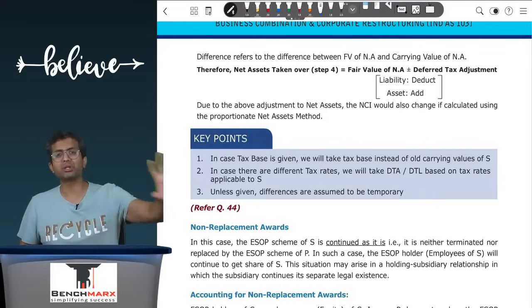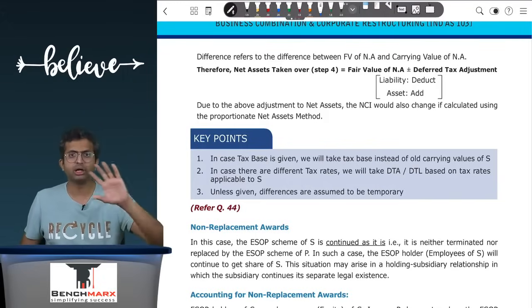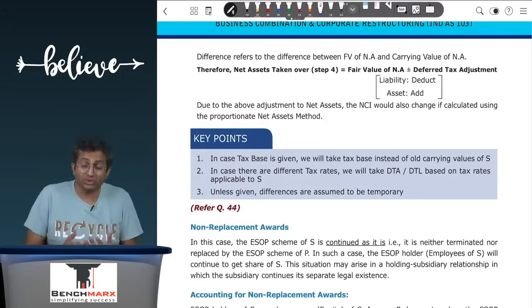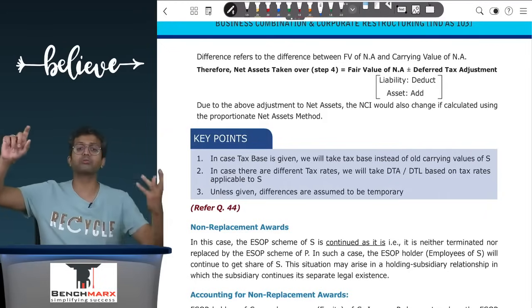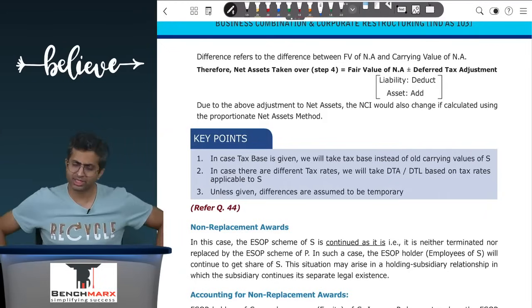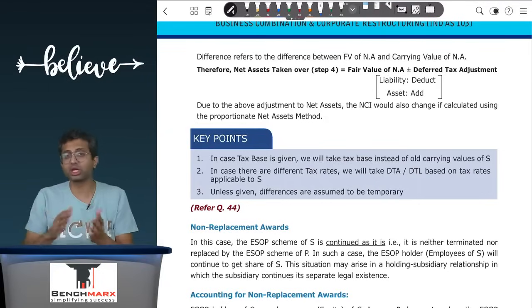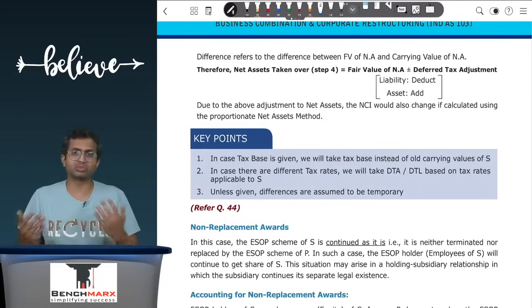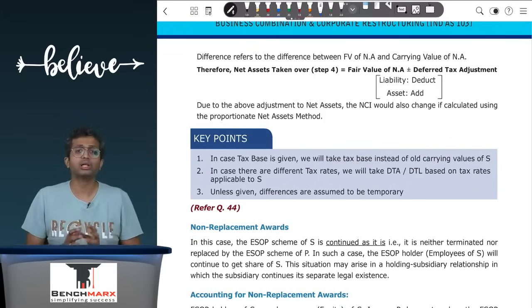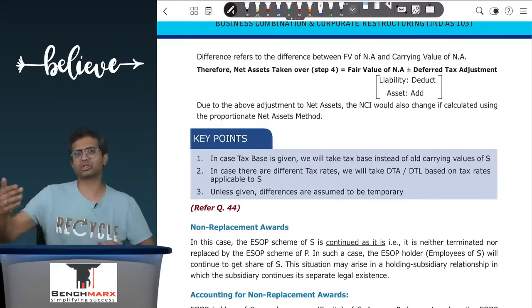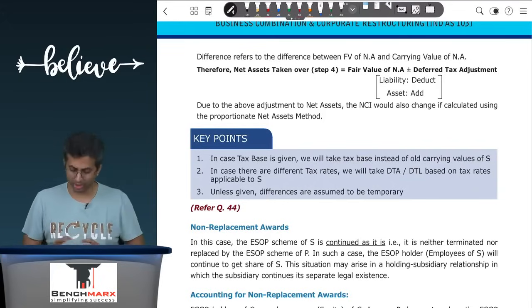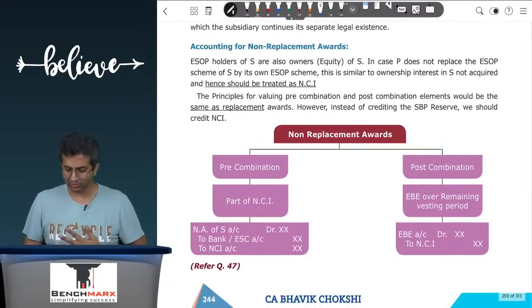You will try to find a pre-combination allocation, like the fair value of this plan as on the acquisition date into the number of years served, vesting period served, upon the total vesting period, original or revised, whichever is longer. The balancing figure will be attributed to post-combination service. Here, instead of crediting the SBP reserve, we will credit the non-controlling interest at the stage of acquisition as well as at each balance sheet date in the consolidated financials. So this is accounting for non-replacement awards.